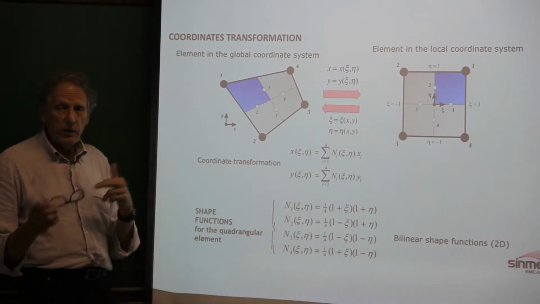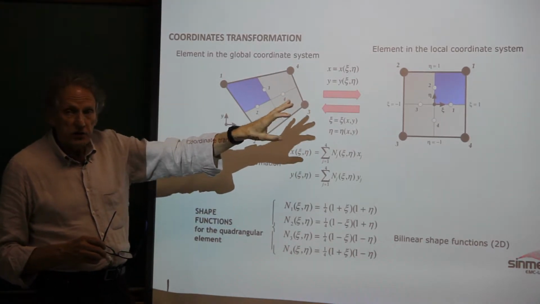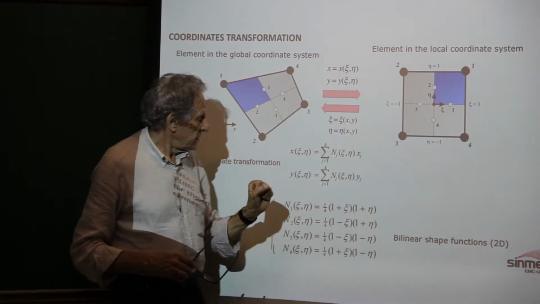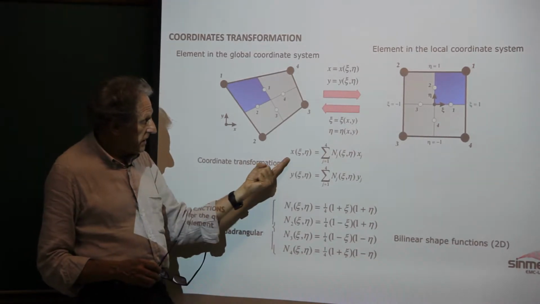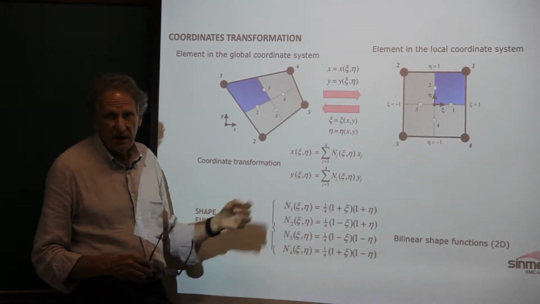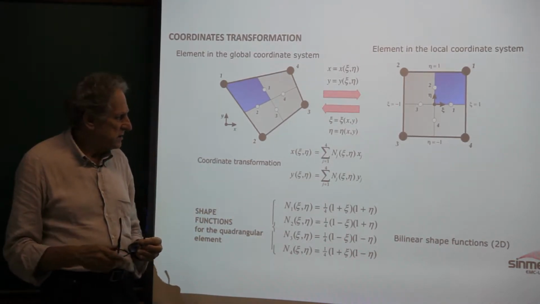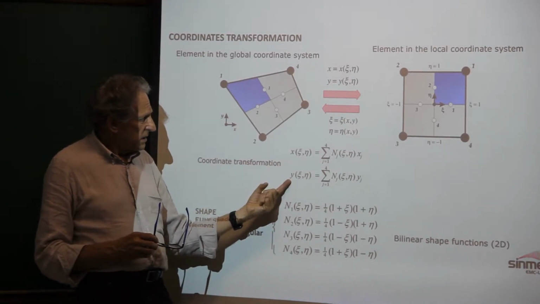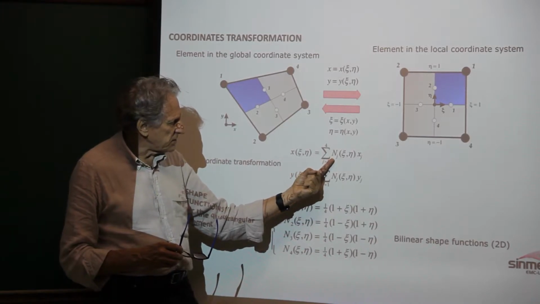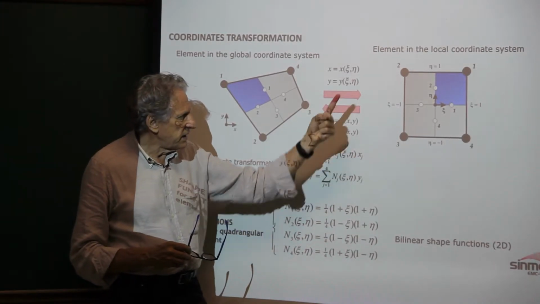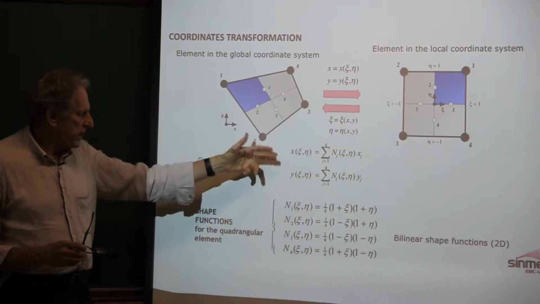What you can do now, working in the transformed domain, is to represent your coordinates x and y. I'm doing everything in 2D here to keep it easy. X is a summation of the shape functions times x at every point, and y is the same.